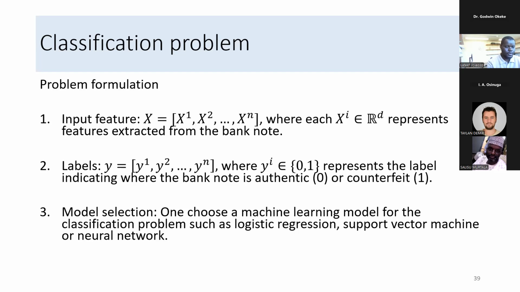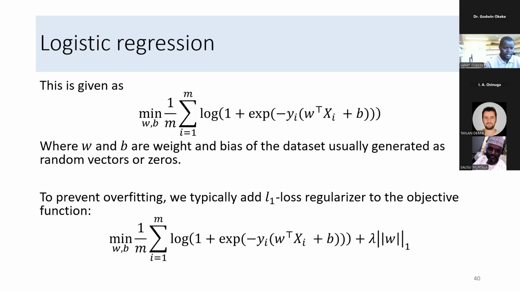Then with this, we can select a model that would suit the problem being considered. For example, here I use variational inequality, so I have to select a model that fits into variational inequality. So I will be able to apply variational inequality to solve the problem. The data sets are widely available.